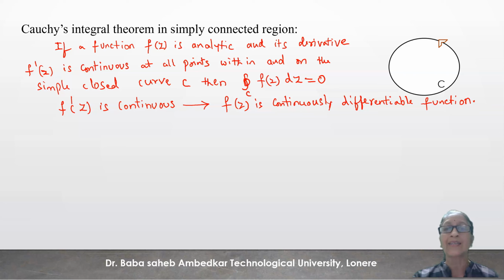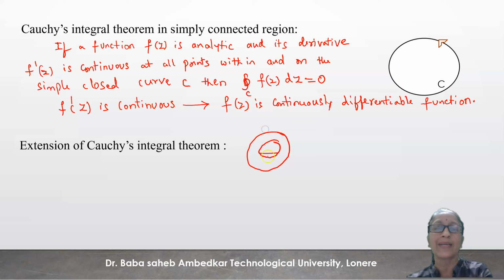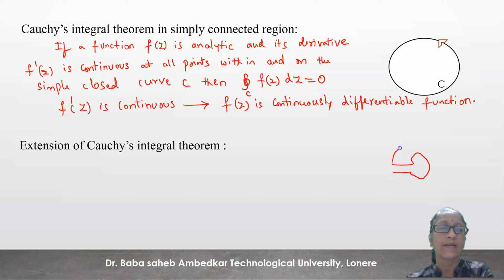Now, let us see the extension of this theorem. Here, the closed curve may be in another form also. Even if you consider a multi-connected region like this, you can make it a simply connected region by giving a cut here. Now this one is C1 and this one is C2.